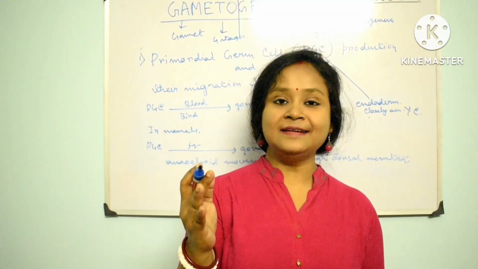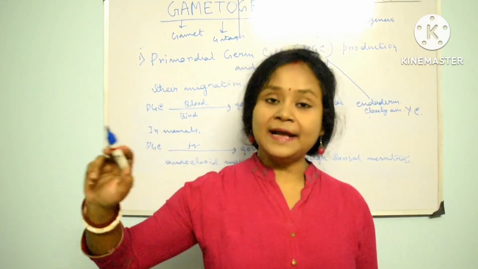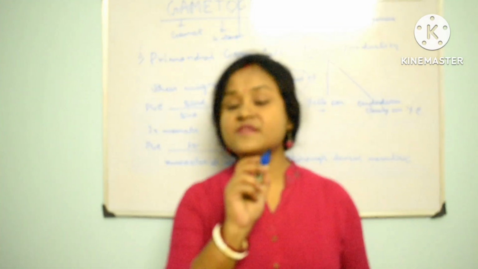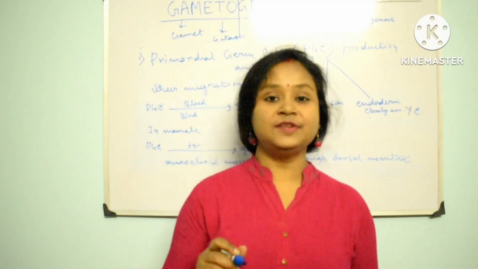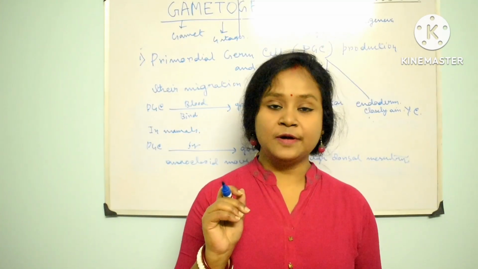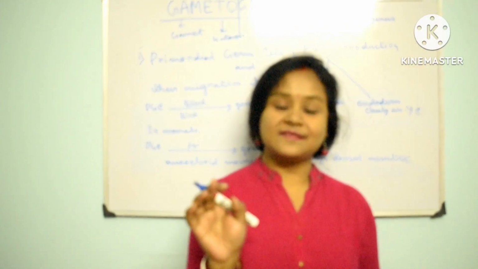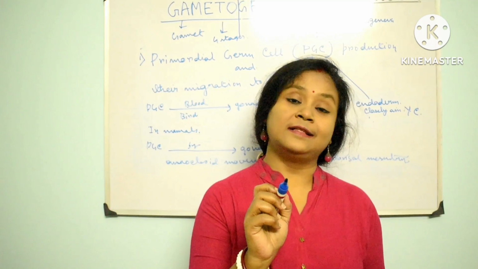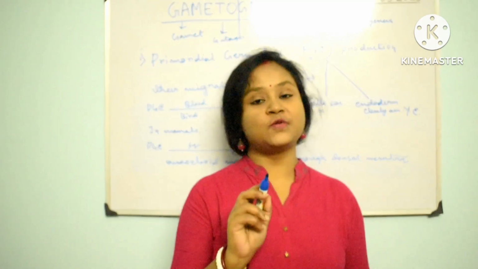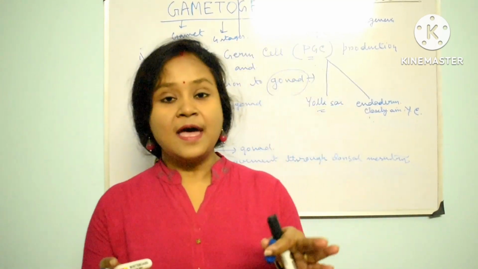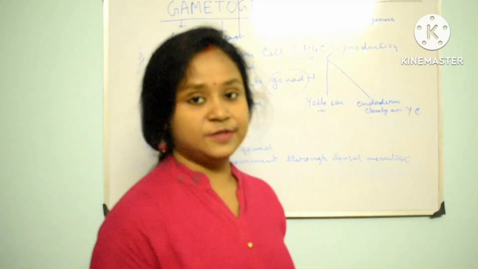And the third opinion is that the primordial germ cells that migrate to the gonad form the principal source of gamete formation. Scientists Balinsky and Carlson supported the last view. This is primordial germ cell production and their migration to the undifferentiated gonad.